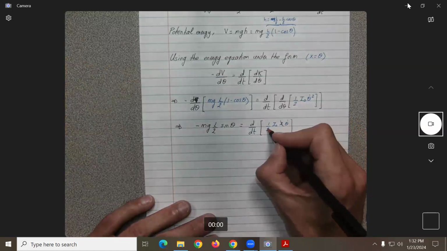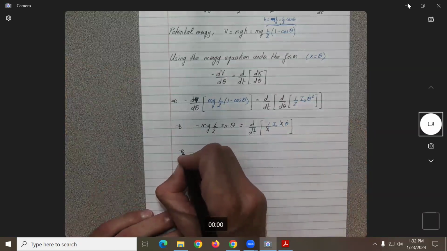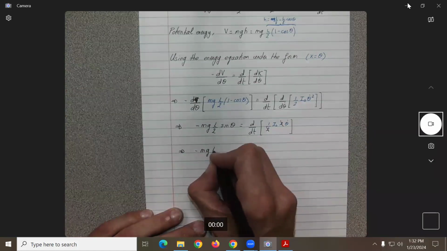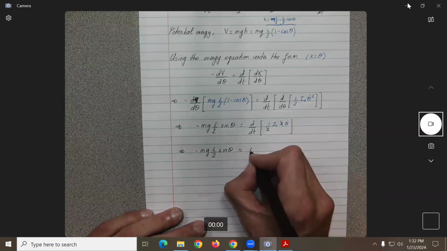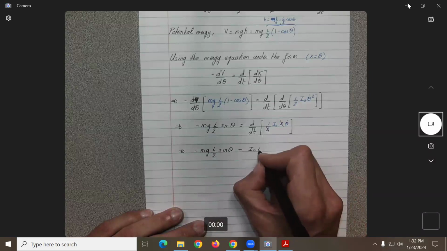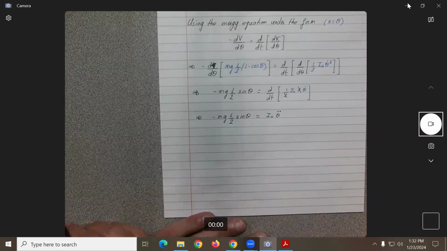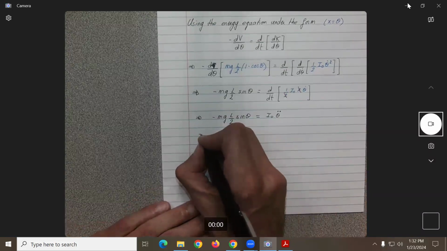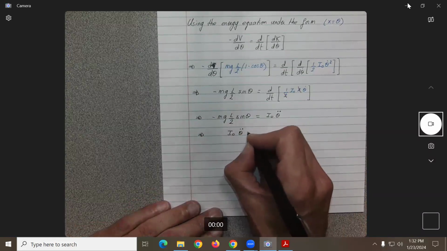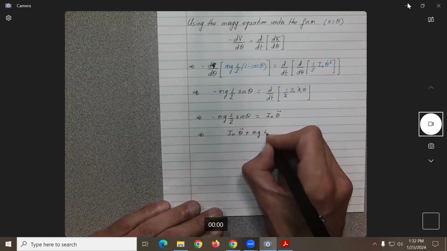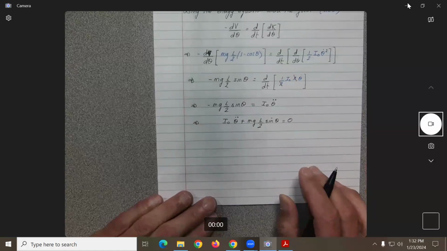Same as before, but instead of x, we have theta. So at the end, this is going to give us minus mg L over 2 sine theta equal to I sub naught theta double dot. Which is going to give us I sub naught theta double dot plus mg L over 2 sine theta equal to 0.